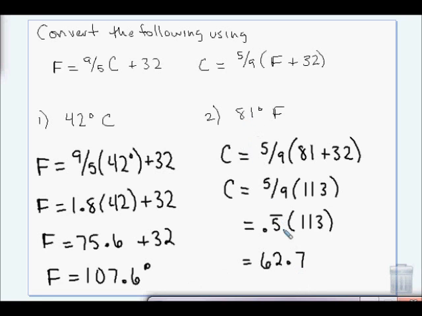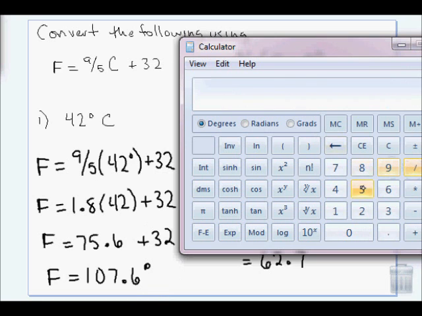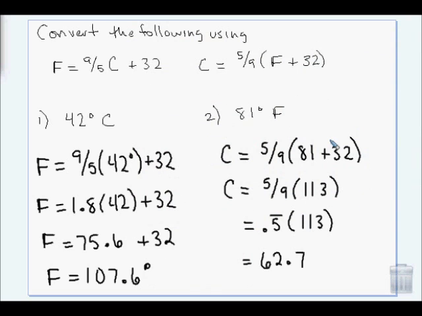Okay, 81 degrees Fahrenheit shouldn't be 62 degrees Celsius if 42 degrees Celsius was 107 Fahrenheit. Right. So hold on. Is it the 5/9 thing? 1.8. Fahrenheit was 1.8. I might have written down the formulas wrong. Hold on. They're on the test.